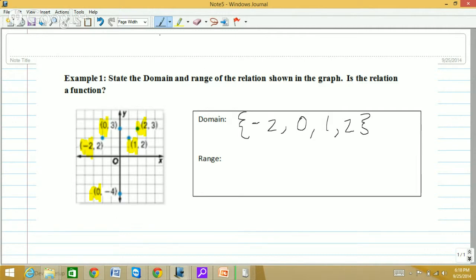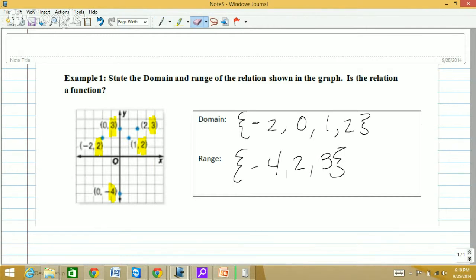Those are going to be your y's. So again, let me erase my yellow, and I will highlight your y's. Your range, those are going to be your dependent, and there you go. So for my range, and again, if it repeats itself, I only have to write it once. So for my range, I have a -4, 2, and 3.